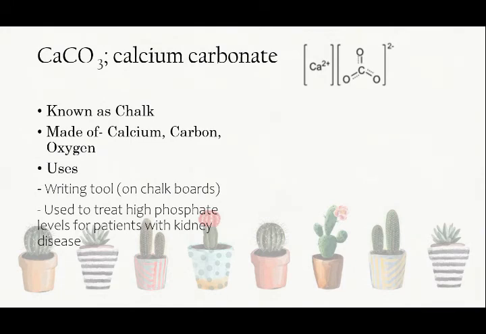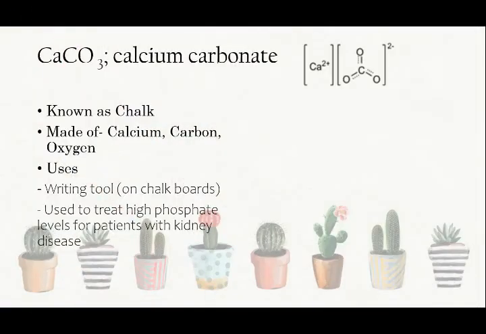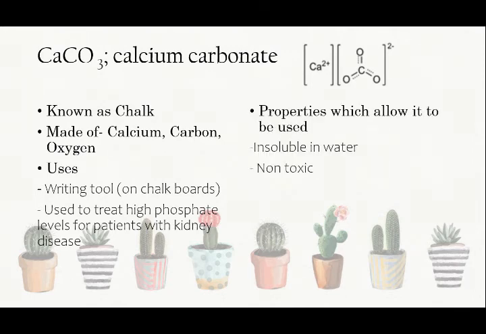It is used for writing tools as we explained before. Otherwise, calcium carbonate also can be used to treat high phosphate levels for patients with kidney disease. And the properties which allow it to be used are it is insoluble in water and it is a non-toxic compound.